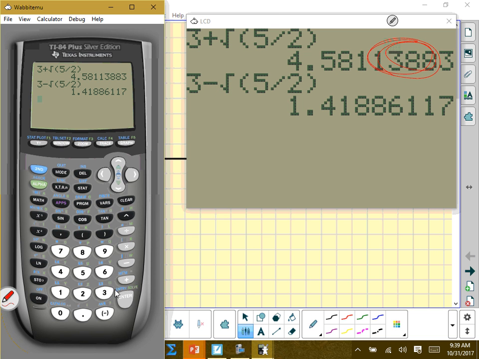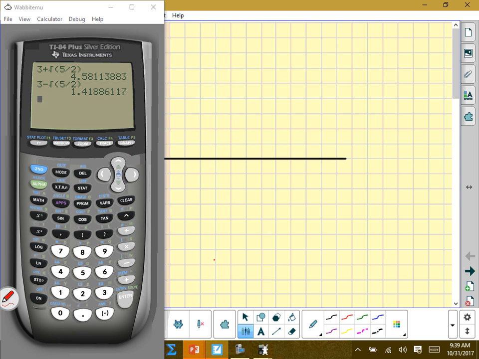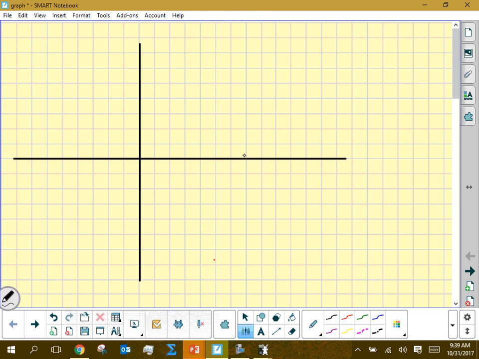So those are my x-intercepts. Okay? I'm going 4.6 and 1.4. Okay? So 4.6. So 1, 2, 3, 4. All right, so 4.6 maybe about right there. 1.4 maybe about right there.